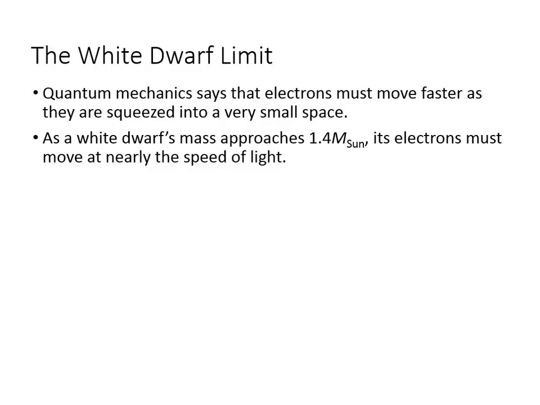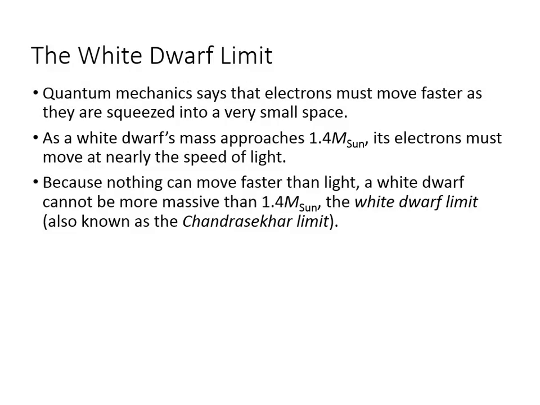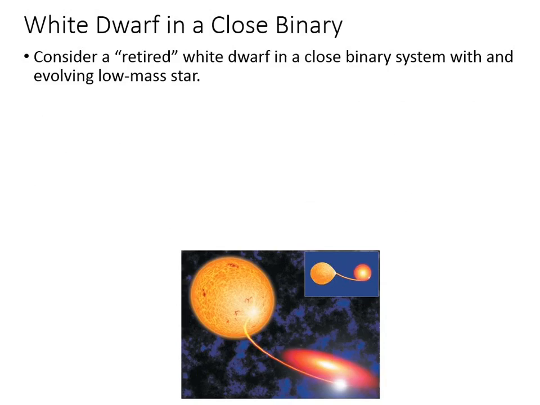Things can't go faster than the speed of light. You can approach it. So if a white dwarf's mass gets close to 1.4 times the mass of our sun, it's about ready to do something it can't do. Electrons cannot go faster than the speed of light. That's a critical mass, called the Chandrasekhar limit. So 1.4 solar masses is the Chandrasekhar limit. Thou shalt not be more massive than 1.4 solar masses, white dwarf.